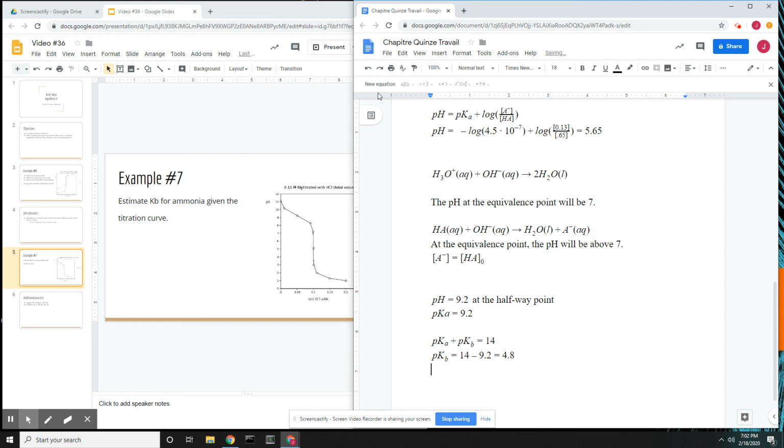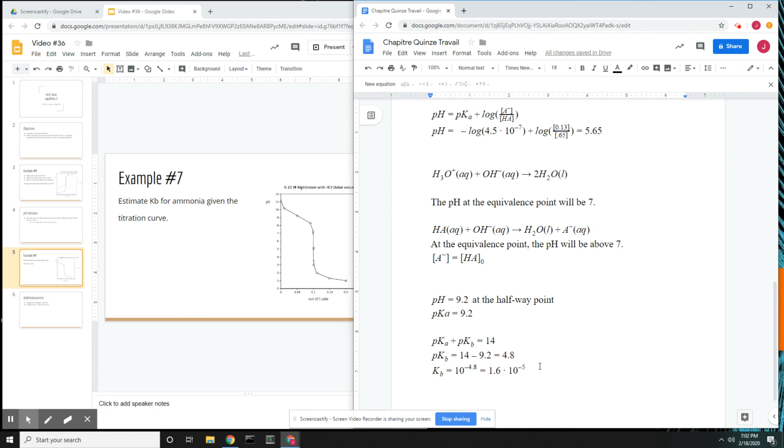And then to get Kb, it's just 10 to the negative pKb. So I get 1.6 times 10 to the negative 5th as my Kb value.